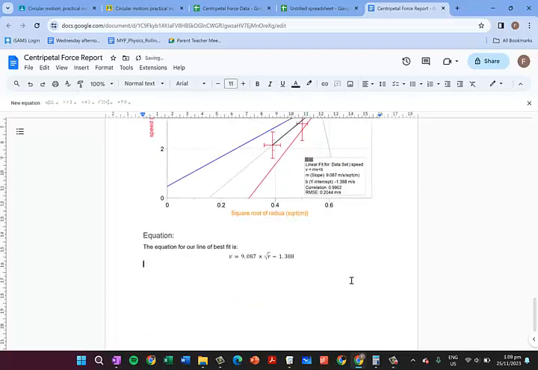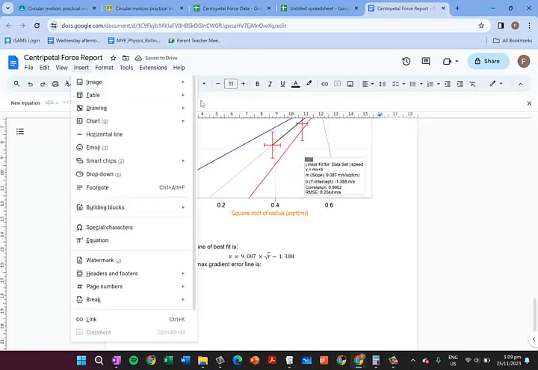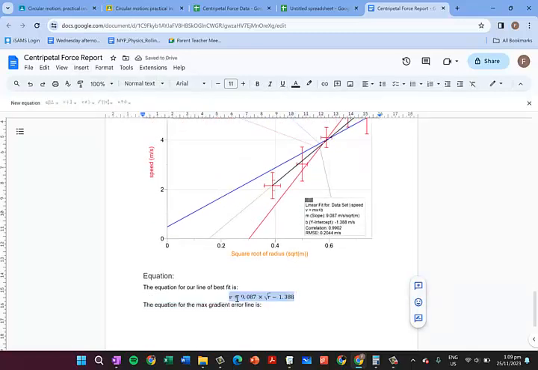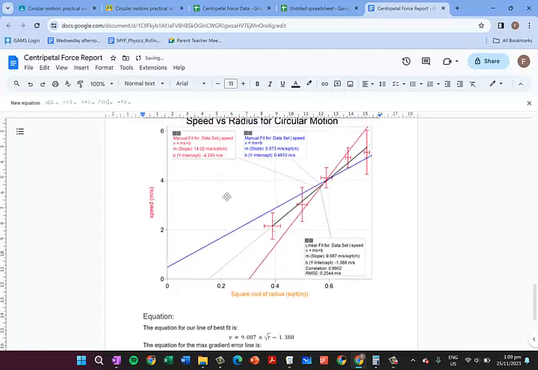Okay, and then the equation for the max gradient error line is, and we'll write that one down too. And we'll go insert equation. And in fact, I'm not going to bother. I'm going to take this one and just copy it. And I'm going to change the numbers.